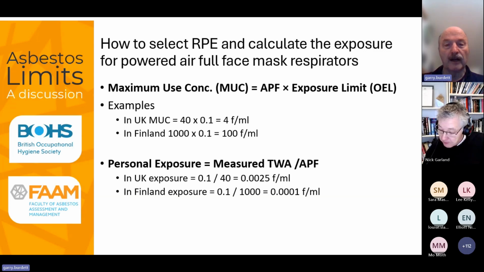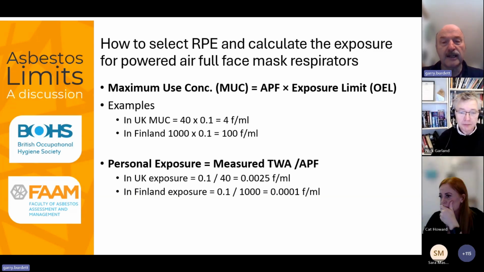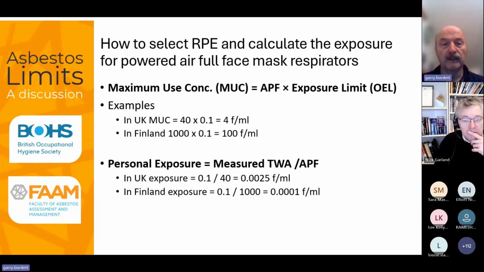Okay, so how do you look at a respirator and say, is it fulfilling its task, and are you below the occupational exposure limit or control limit? You won't find this equation in any UK guidance.